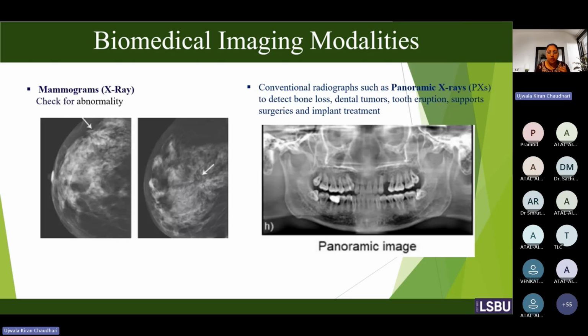Then in dentistry there are panoramic images available. Those are referred to as PX, a panoramic view of the entire mouth, which helps to identify dental tumors or tooth eruptions or any kind of surgical decisions to be taken or implants to be done.